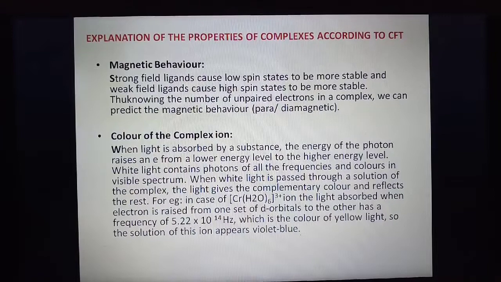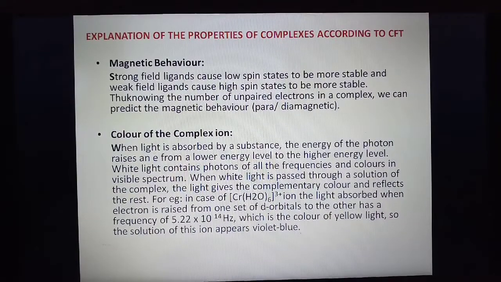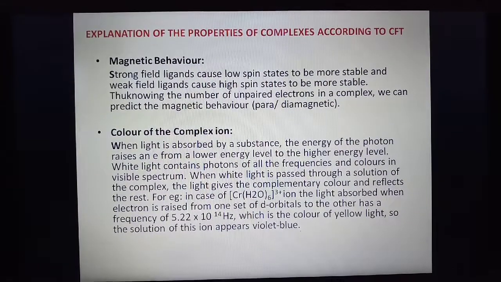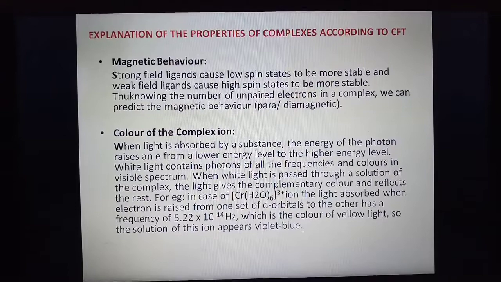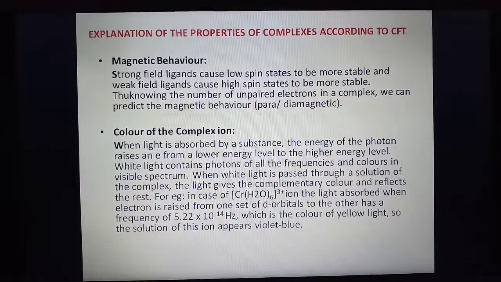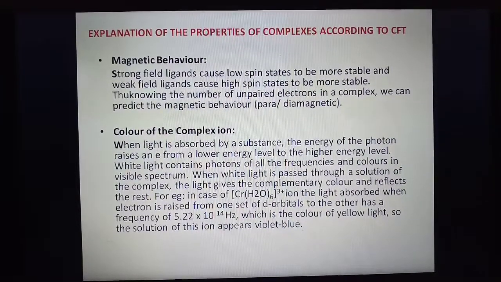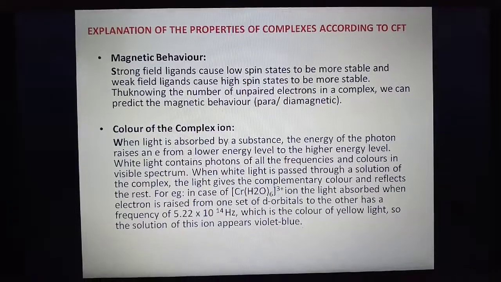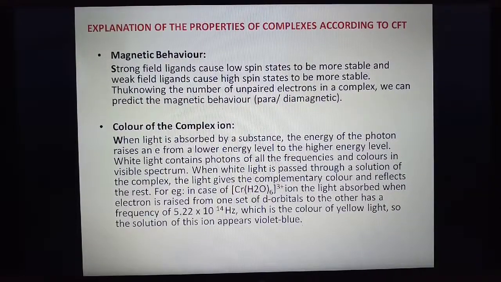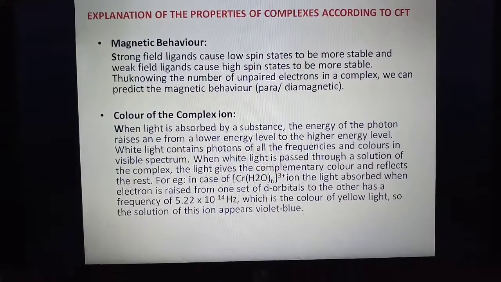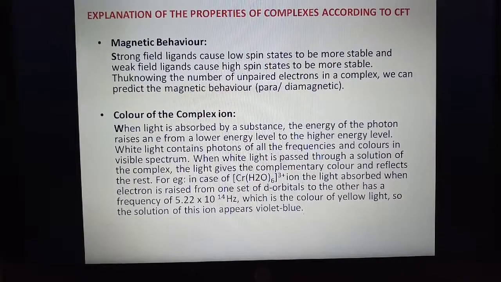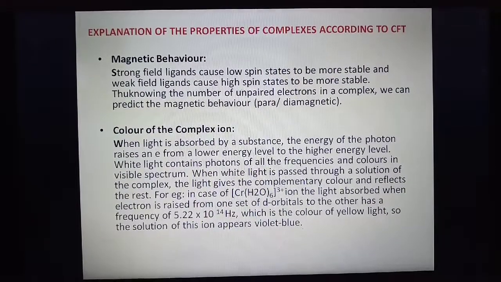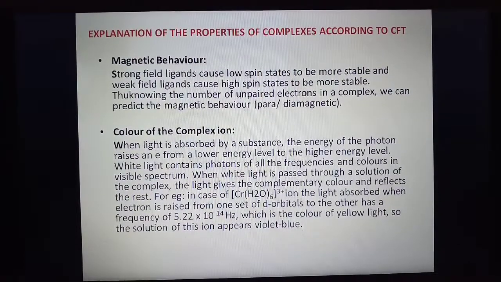In the case of chromium with six water molecules, that means the hexaaquachromium(III) ion, the light absorbed when the electron is raised from one set of d orbitals to the other has a frequency of 5.22 x 10^14 hertz, which is of yellow color. So the solution of this ion appears violet blue.